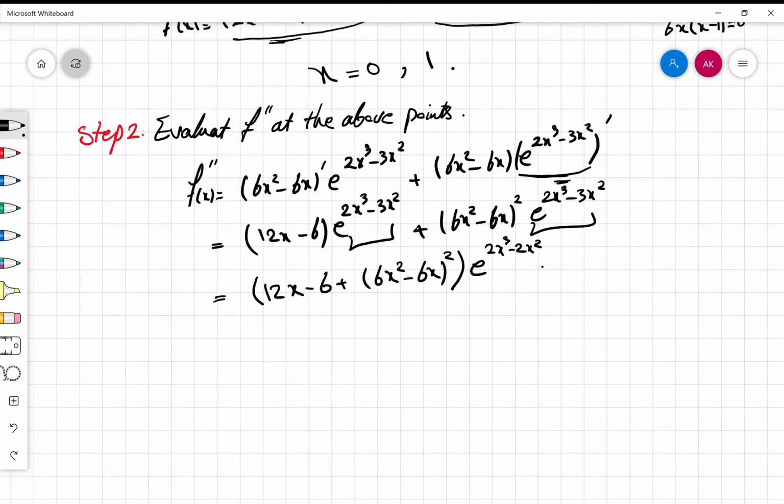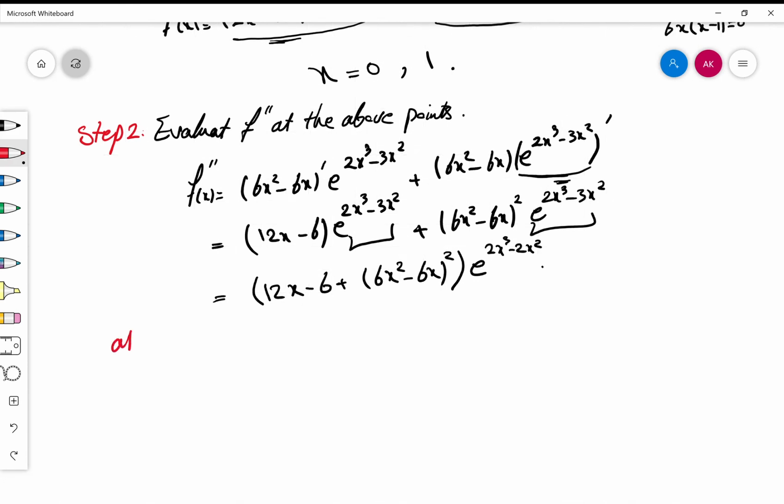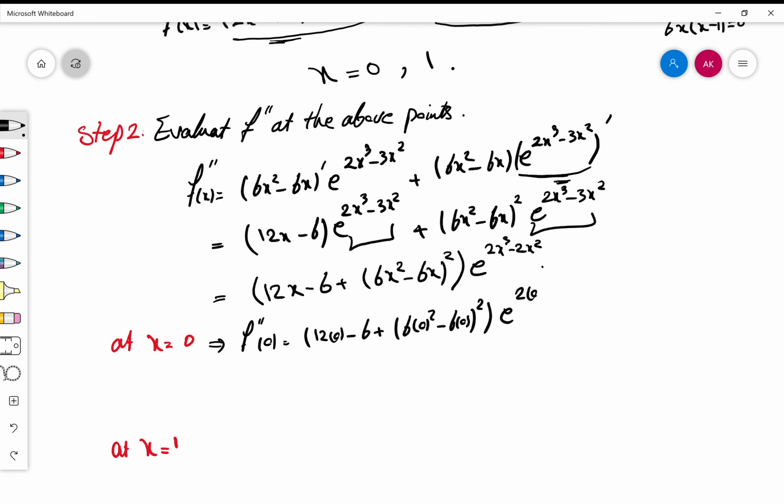Now we want to evaluate this function at x equal to 0 and at x equal to 1. At x equal to 0, f double prime at 0 is 12 times 0 minus 6 plus 6 times 0 squared minus 6 times 0 squared, times e to the power 2 times 0 cubed minus 3 times 0 squared.